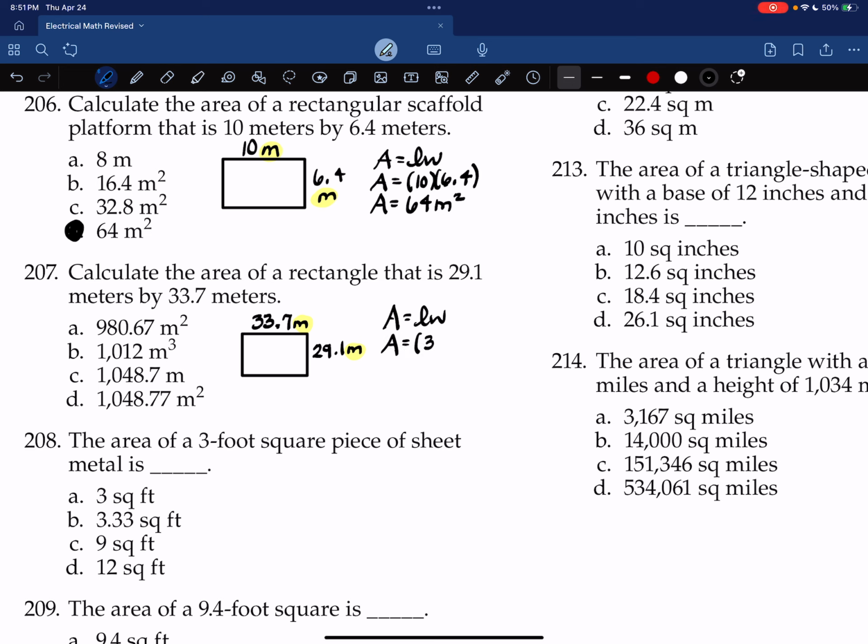The longer side is 33.7. The wider is 29.1. It doesn't matter if you get those flip-flopped because you're multiplying. 33.7 times 29.1 is 980.67 square meters.